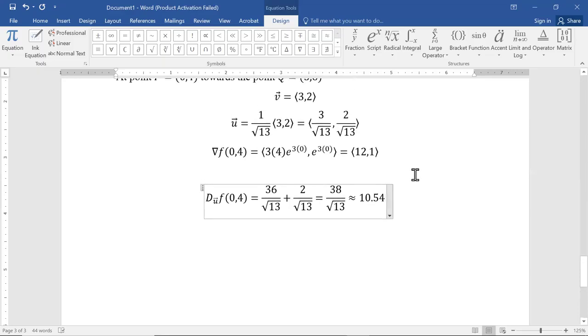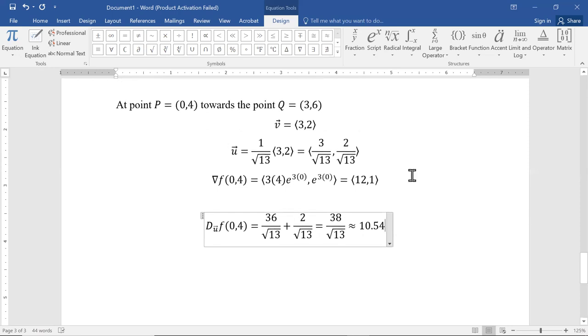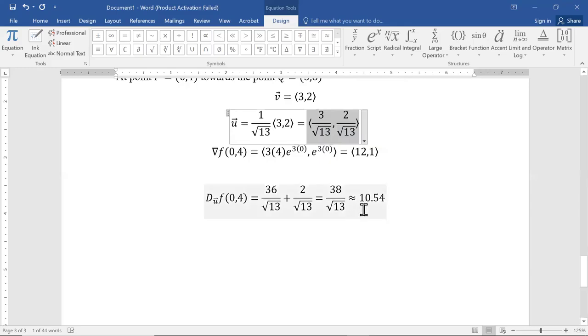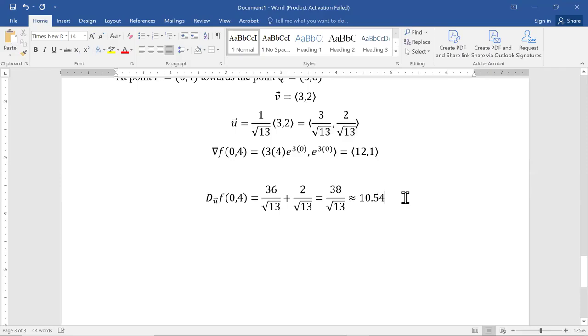And so if we are at the point (0, 4), and we begin to move towards (3, 6) in the direction of this unit vector, we go 1 unit in that direction, it's going to look like it changes the z value, not z direction, by 10.54 units. So the z value is going up. The slope of that tangent line is going to be about 10.54.